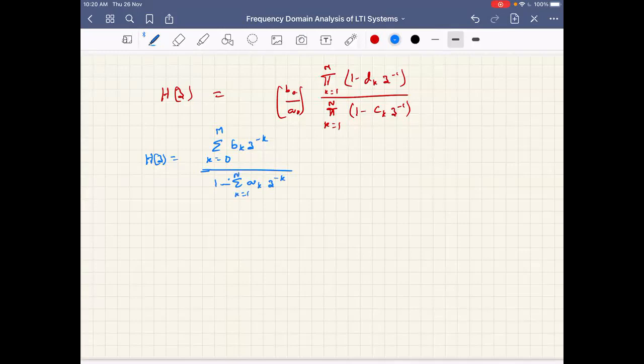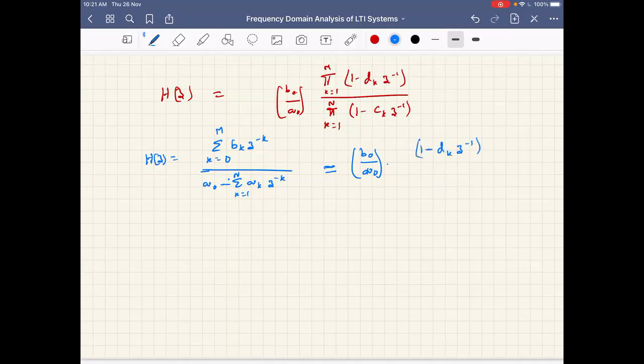If the leading denominator coefficient is not 1, then this can be considered as A naught. When we do a little bit of simplification, this can be written equivalently in this form, wherein we write B naught by A naught here, and the numerator polynomial is decomposed into different factors, each giving one zero of H of z.